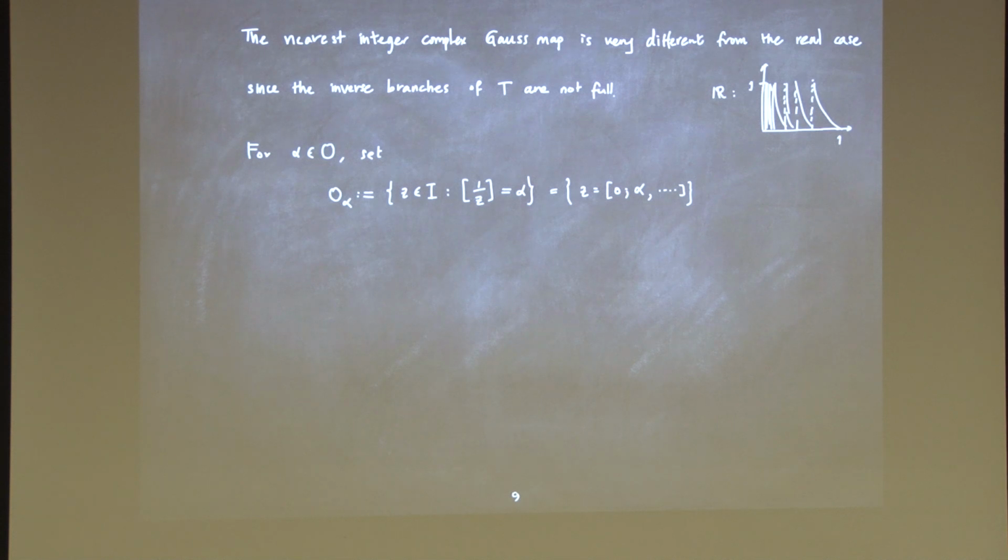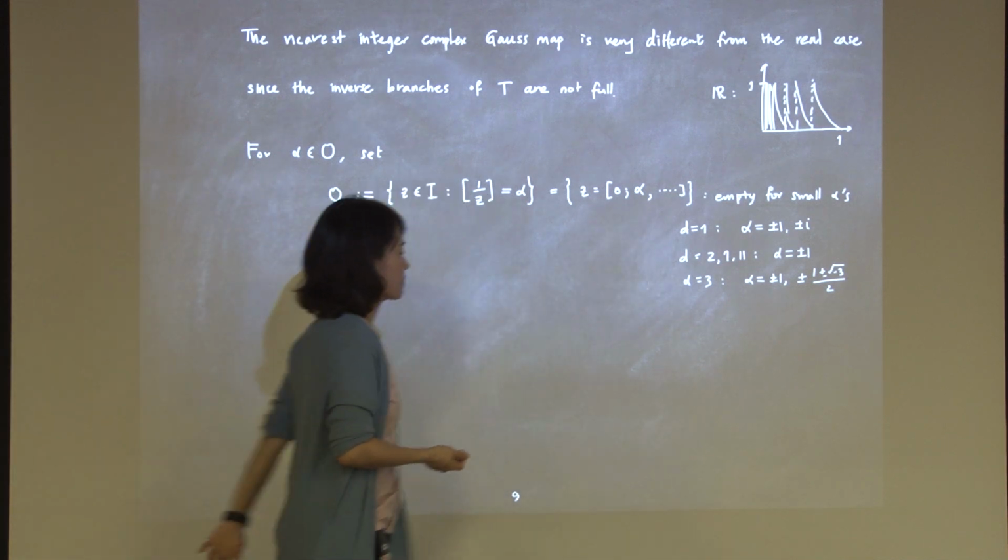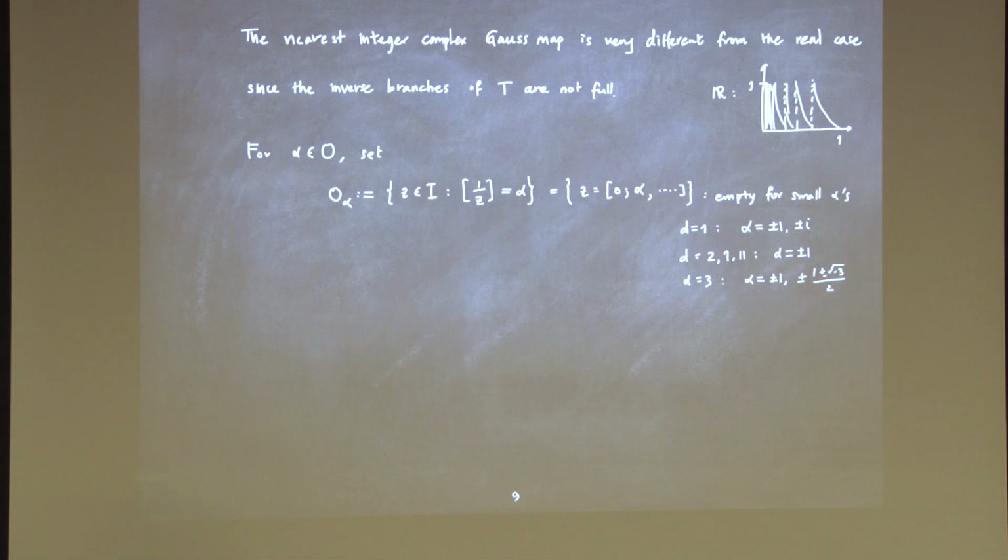It can even be empty, for very small alphas. For most alphas, they're very nice, and you can easily compute the ones for which O alpha is empty. But even when it is not empty, it can be not the whole I.